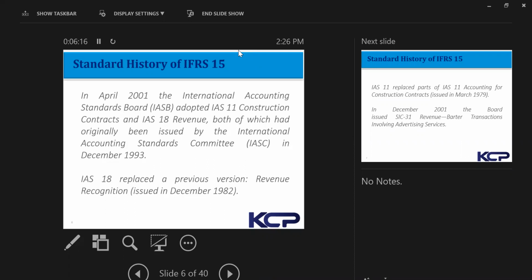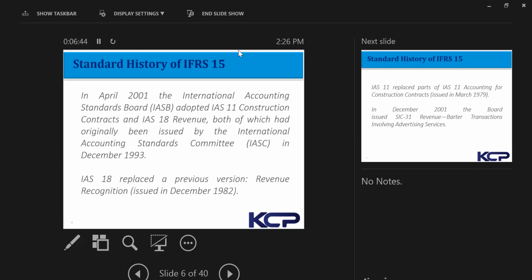Yes. Okay. So we have these two existing standards and they address two different issues before now. The regular revenue other than contracts is handled by IAS 18, and every other revenue arising from construction contracts is handled by IAS 11.